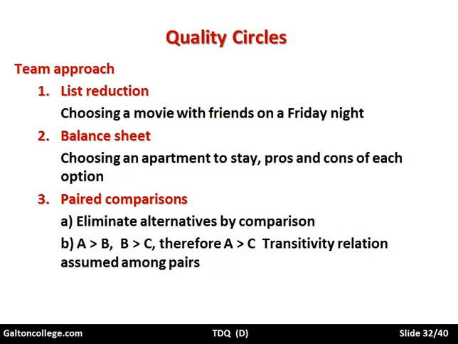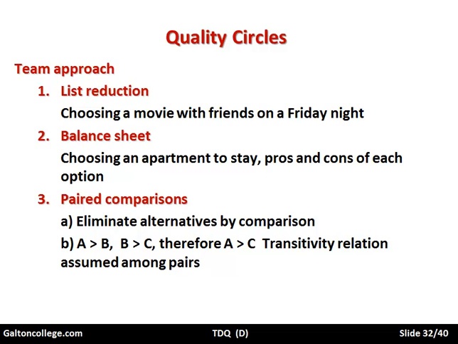And we have this transitive relationship: if A is better than B and B is better than C, then A is better than C. So we're able to make decisions based on the comparisons of two alternatives. We have two alternatives, we select the best one. And we continue to do that, so we're able to get an overall picture of what's the best way forward.